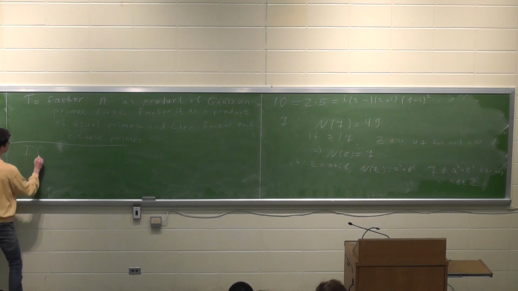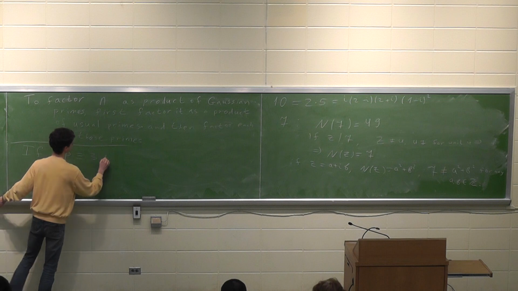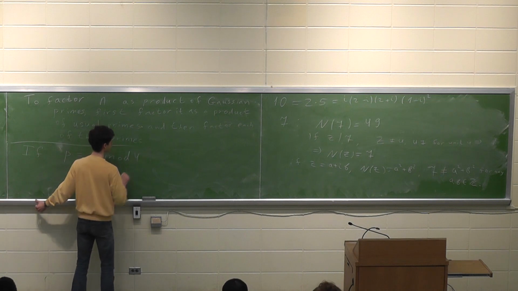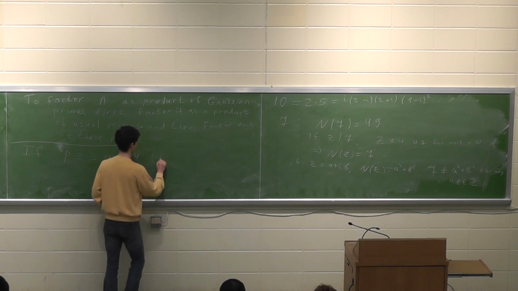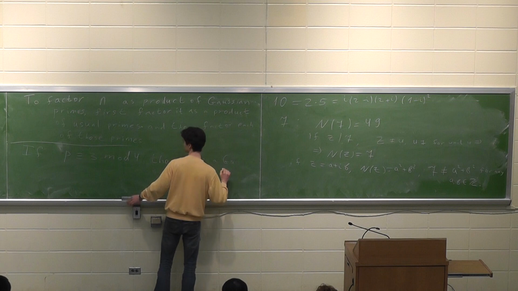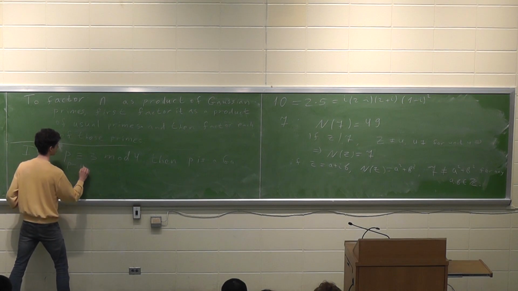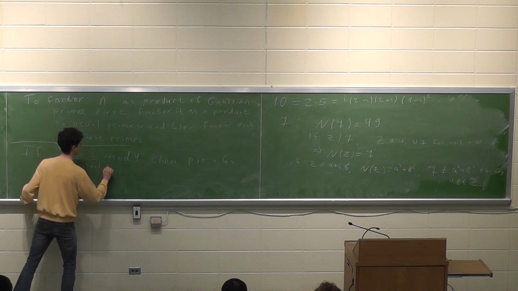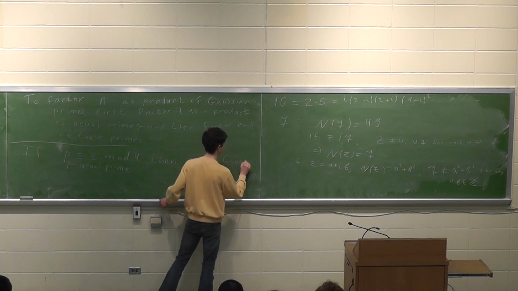So if p is congruent to 3 modulo 4, then p is a Gaussian prime. So if p is 3 modulo 4 and p is a usual prime, then p is a Gaussian prime.